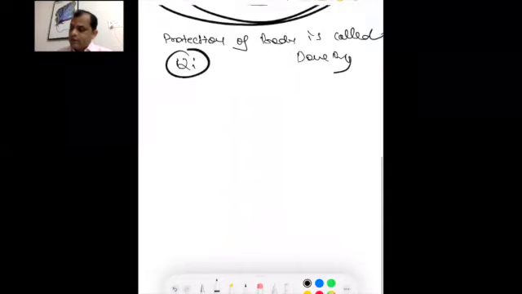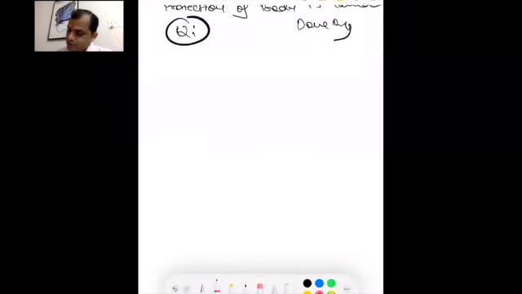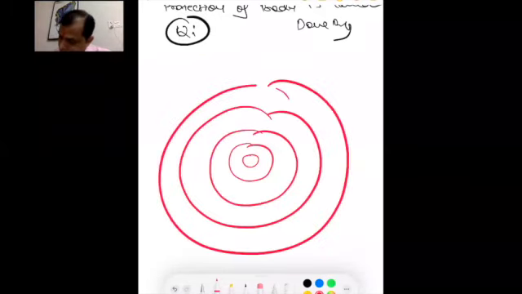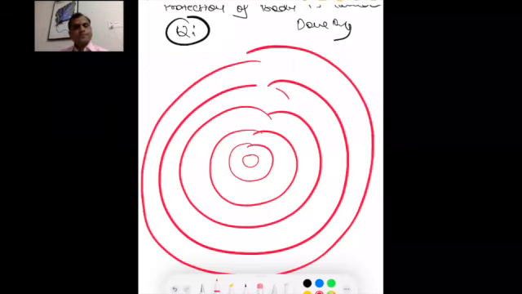Whenever any pathogen attacks the human body, it has to cross 6 levels. So level 1, level 2, level 3, level 4, level 5 and level 6.